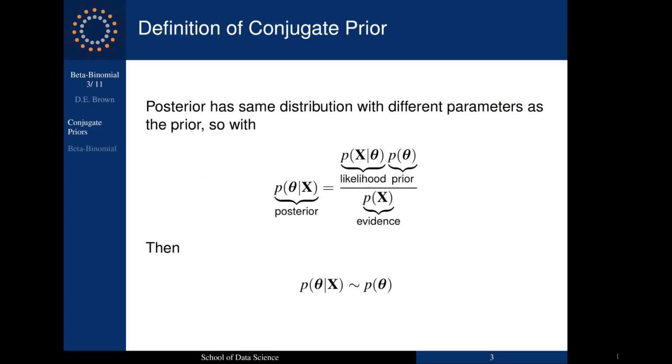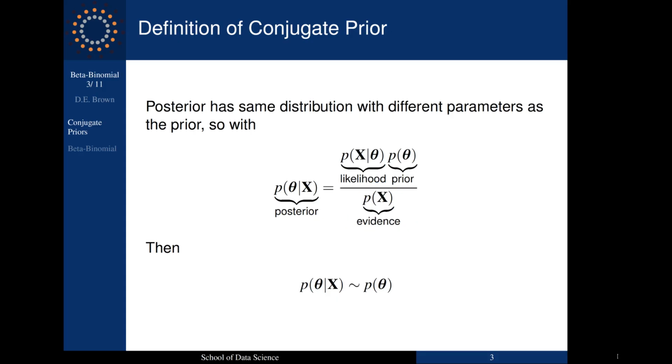From the last video lecture we discussed the notion of conjugate priors, and in that we said that, from Bayes' rule, we derive a posterior from the product of the likelihood with the prior divided by the likelihood of the evidence.